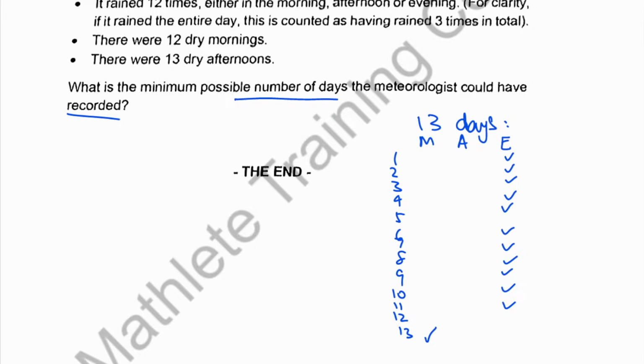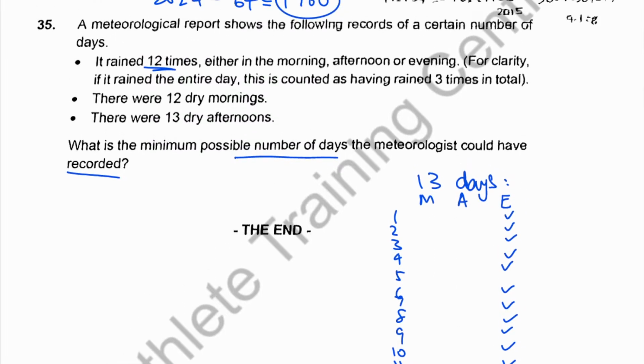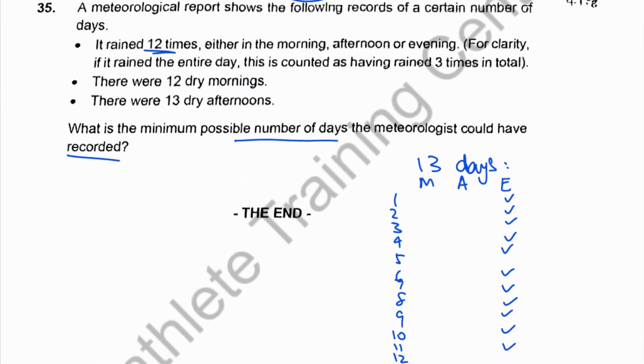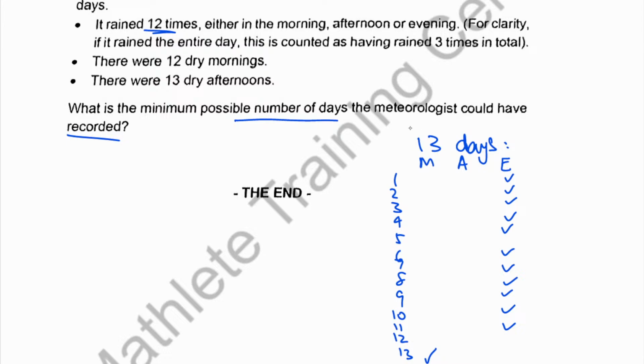Okay, so this will work, because if it rained 12 times, I have 12 ticks when it rained. There were 12 dry mornings because out of 13 days it rained 12 times in the morning, and there were 13 dry afternoons because it never rained in the afternoon. So in that case the minimum possible number of days is definitely 13 days.